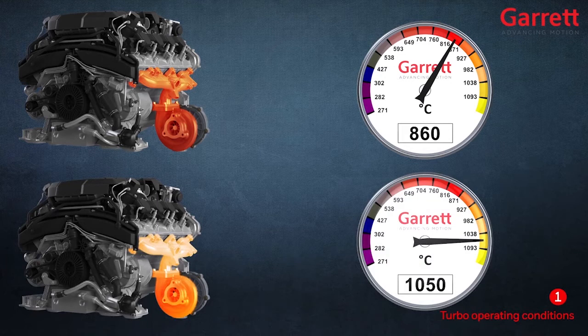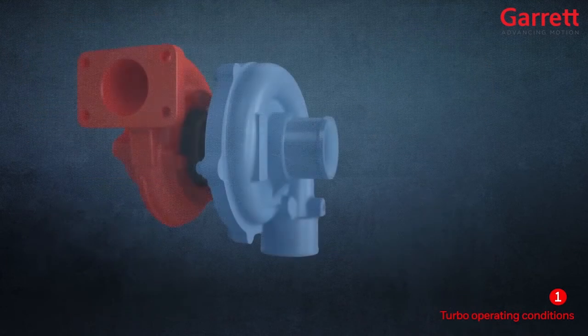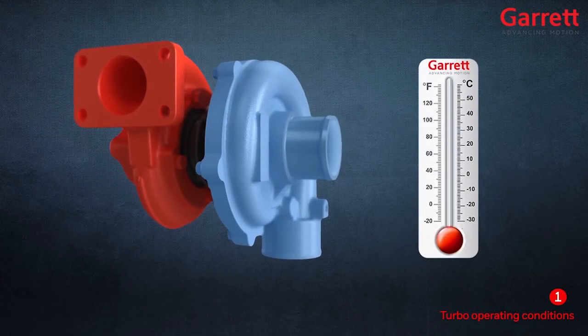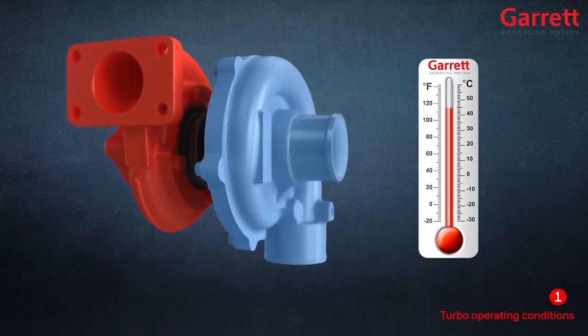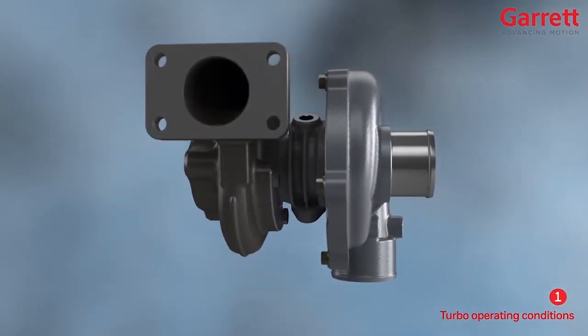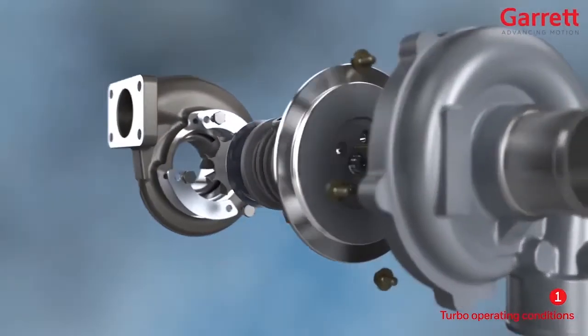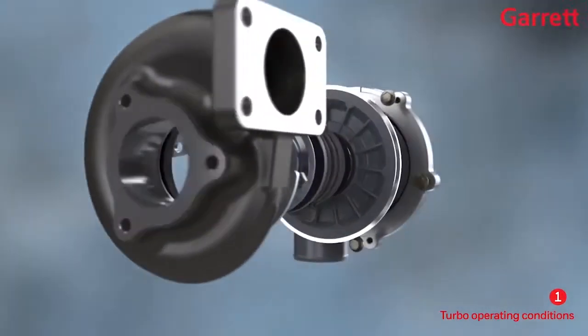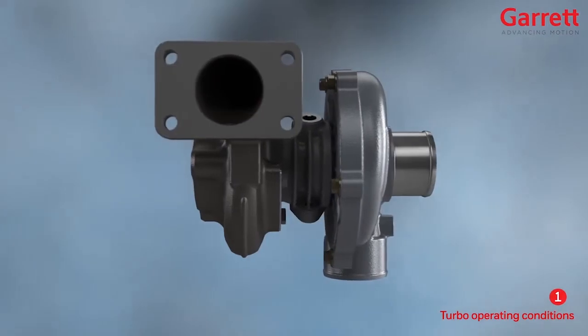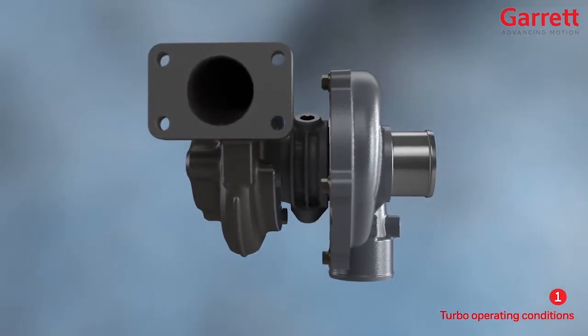Just a few centimeters away is the compressor, which may have ambient air inlet temperatures of -30 up to +45 degrees centigrade. This huge temperature difference between the compressor and the turbine is one reason why our turbochargers are designed and manufactured with extremely high precision and must be installed with care and attention.